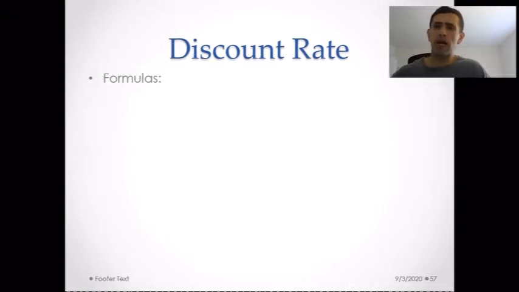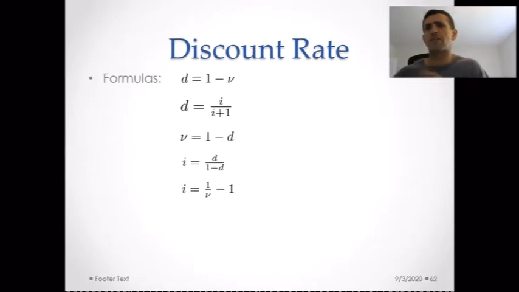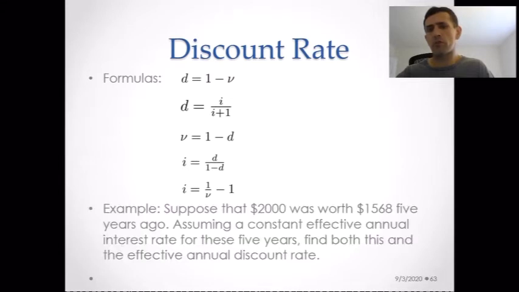Right? So remember last time we talked about the effective annual discount rate, and we had a bunch of formulas connecting the effective annual discount rate, the effective annual interest rate, and the present value factor. Right, so I want to do two very easy examples just using these formulas.